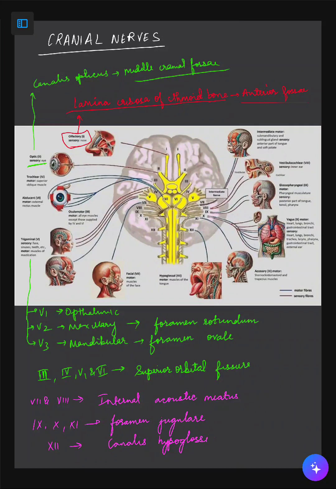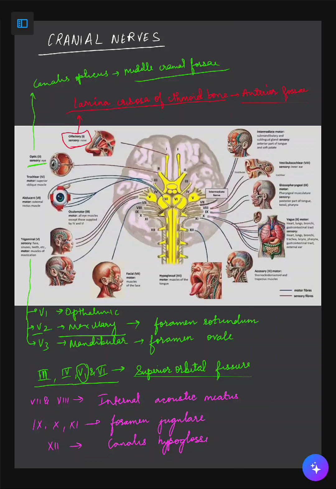Next are the third, fourth, fifth, and sixth. In the fifth, only V1, the ophthalmic division. The third, fourth, V1 and sixth nerve open in the superior orbital fissure.